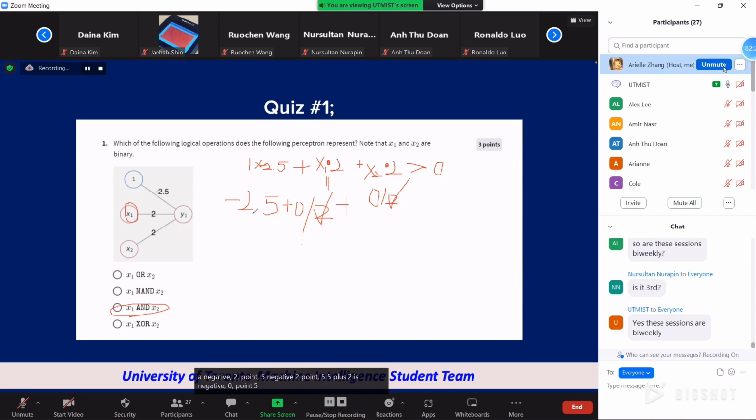That's still negative. So if we want this expression to be positive, we have to have 2 plus 2, which is 4, right? 4 plus negative 2.5 is 1.5. That is larger than 0 now. So that will be a positive output. Does it make sense? Okay, cool. Does anyone have a problem with this question?